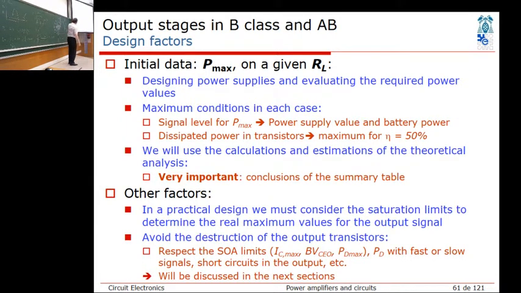So IC max, yes, take a look at the IC max, but take also note if that is the peak IC or is that an IC max in average. Both of these parameters are actually given usually. Okay.